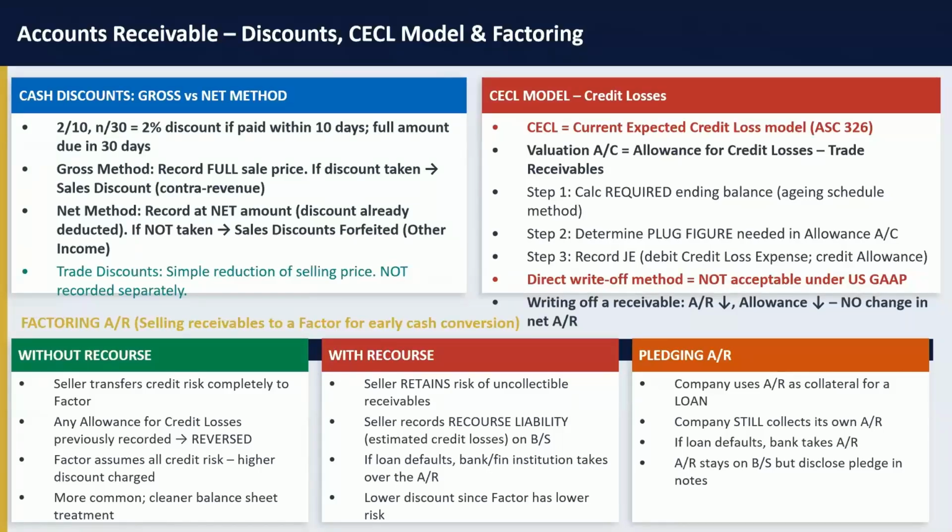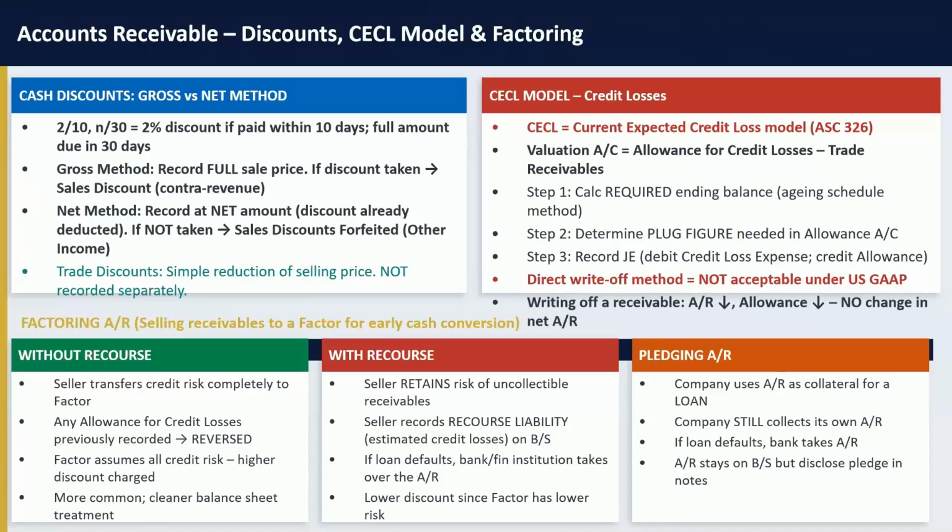Then what happens in the net method? Here, you will be exactly following your prudence concept. Now what do you do? You will assume that all of your customers will take this 2% discount. So from accounts receivable, you will eliminate this 2% discount initially and you will enter 9,800 itself in the first place.